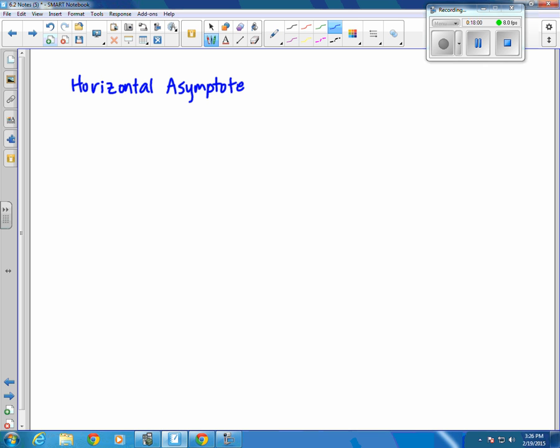Which would be why we learned how to factor first. That would be why. All right, so let's start with this guy. Let's go 3. All right, so let's find the horizontal asymptote for that guy. So one option we said was to put it in the calculator and look at big and small values of x, right?